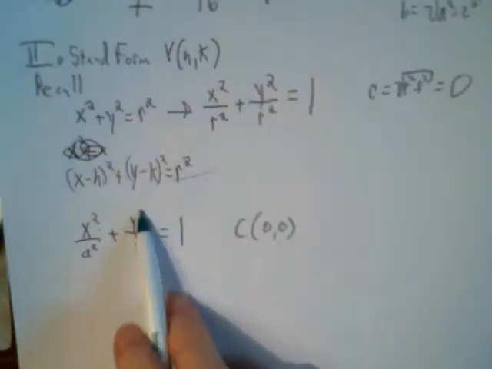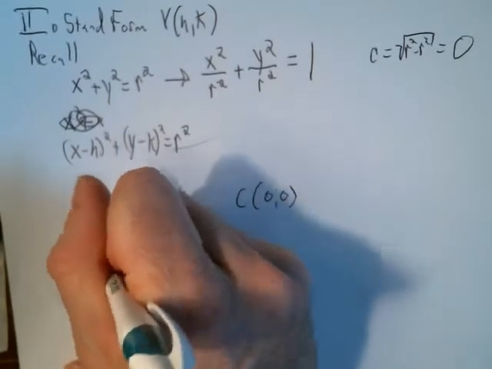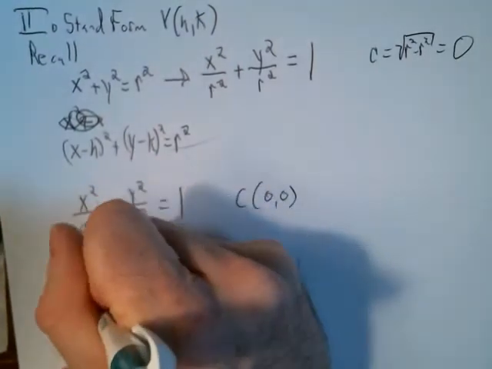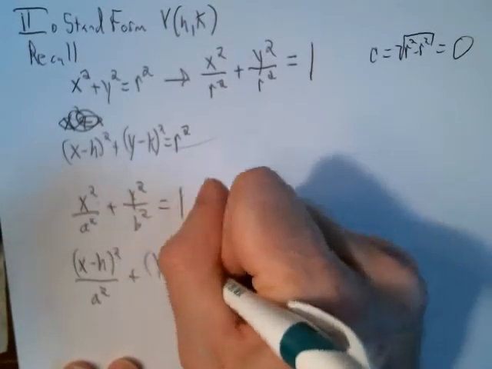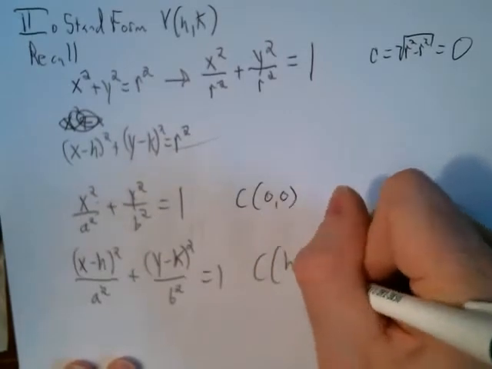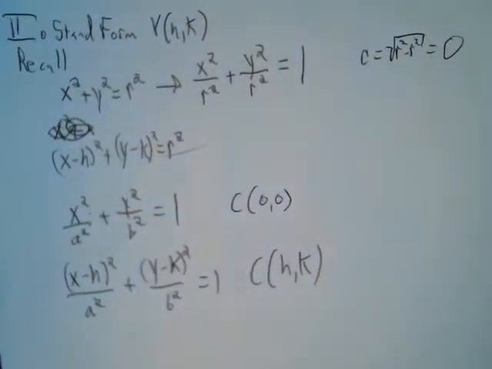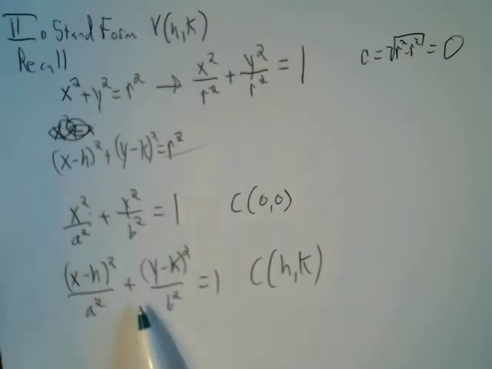And now pull this kind of transformation. So we'll have x minus h squared over a squared plus y minus k squared over b squared equals 1. And the center here is at h comma k. It looks like a very intense, complicated formula, but it's not a big deal if you already understand how circles work. It's just a variation on that theme.